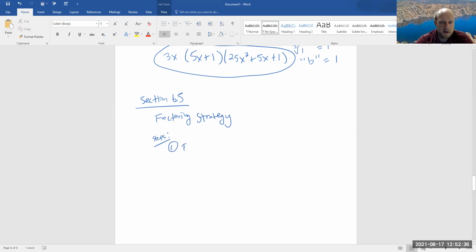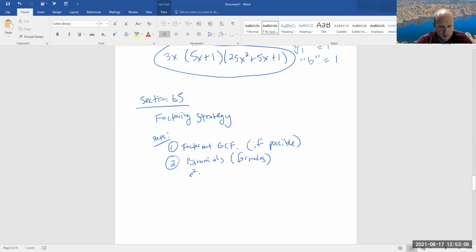We said step 1 is to factor out a GCF if possible, right? Step 2, we had our binomial formulas.